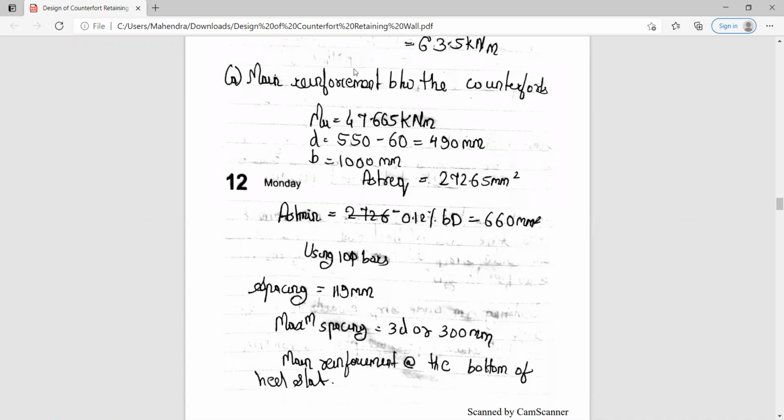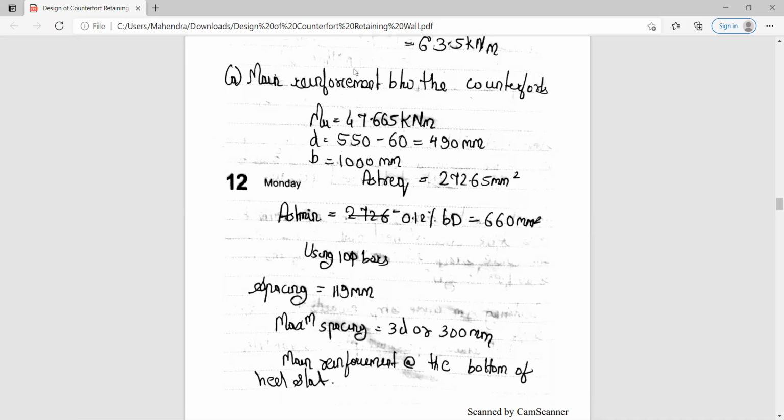The spacing you get is 119. The maximum spacing is 3D or 300 mm. So you need to provide the main reinforcement at the rate of 150 mm center to center at the bottom for the heel slab. So first of all, complete up till here.